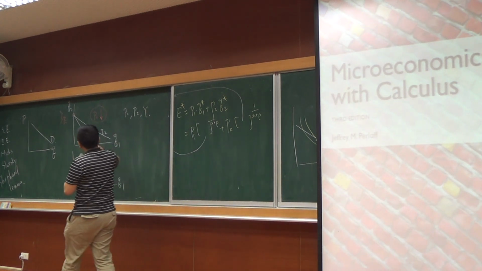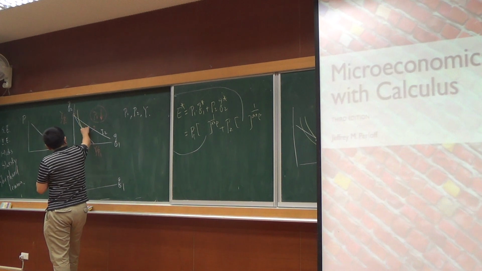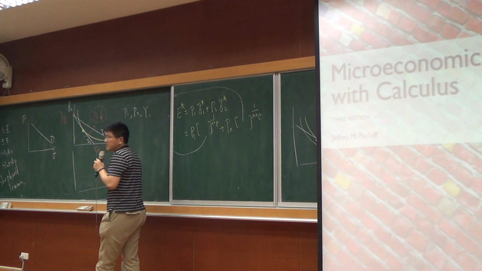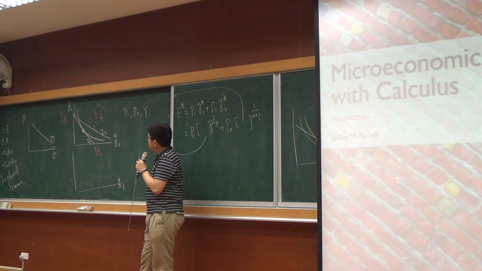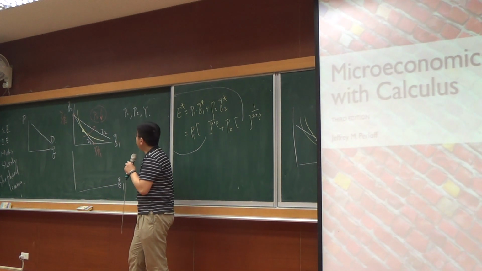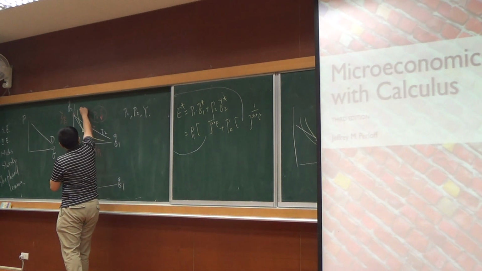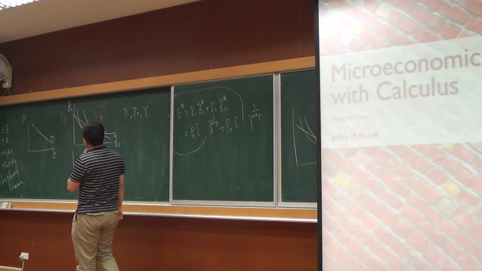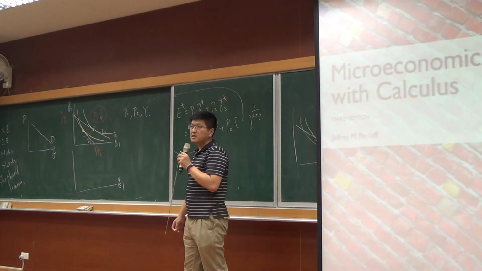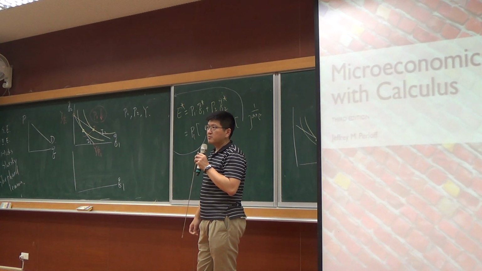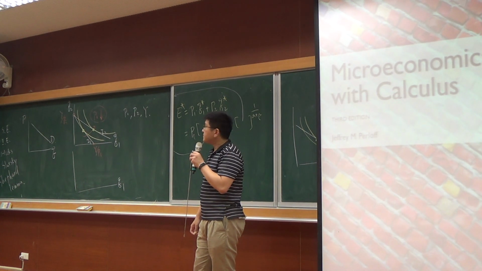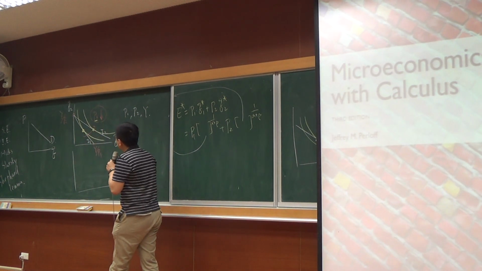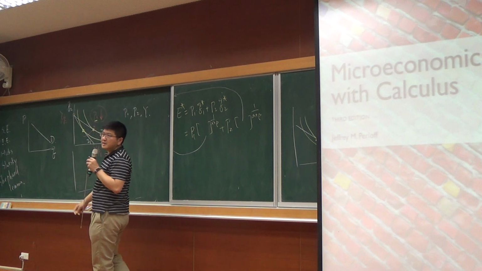So together with an indifference curve, if this is the initial optimal solution, the equilibrium, and now with the new budget line, we have another optimal solution, another equilibrium. So we change the level of P1, and we have a different solution here.